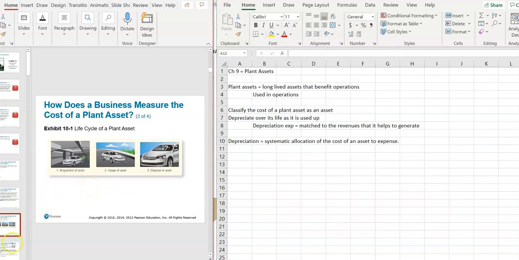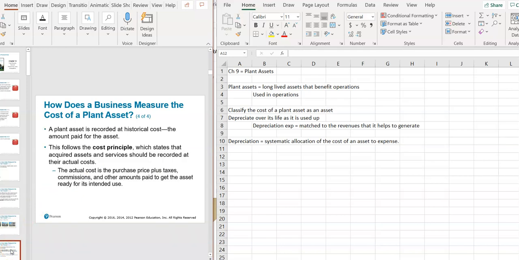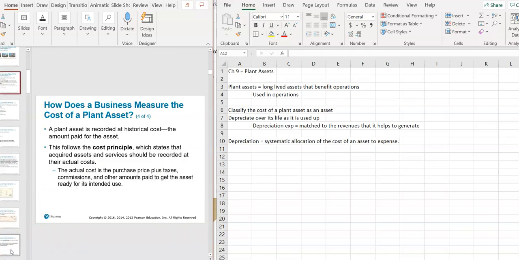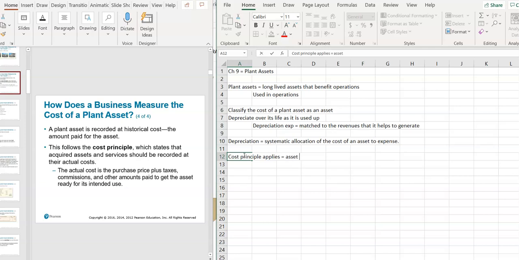All right, so cost. Remember that the cost principle applies, and the asset is carried on the books at its historical cost less any accumulated depreciation.